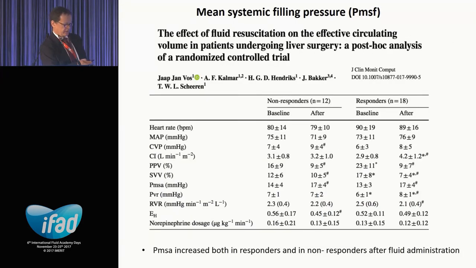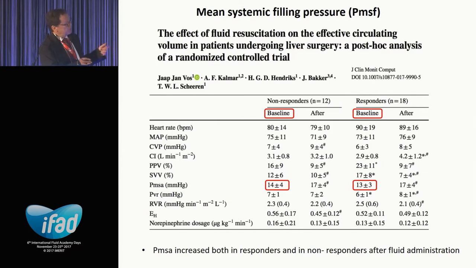Let's first look at mean systemic filling pressure. You see at the beginning, mean systemic filling pressure was the same in the responders and non-responders. So when we give fluid, we can say these are responders, which increase their cardiac output after the fluid, and we have non-responders. We had 18 responders, 12 non-responders, and the mean systemic filling pressure per se could not differentiate.